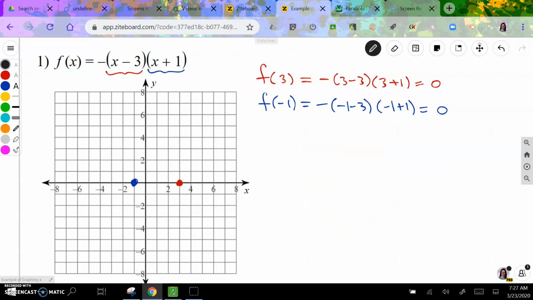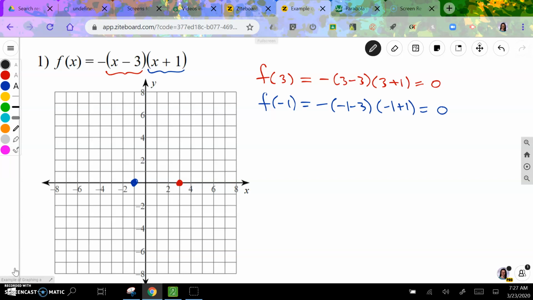So we're going to use that for our graph here. We're going to see what's in the middle between negative 1 and 3. There's a couple options for you. You can count inward from negative 1 and 3 and you get to 1.